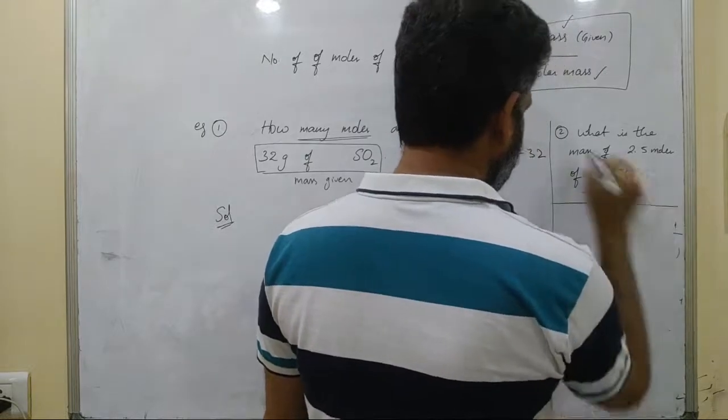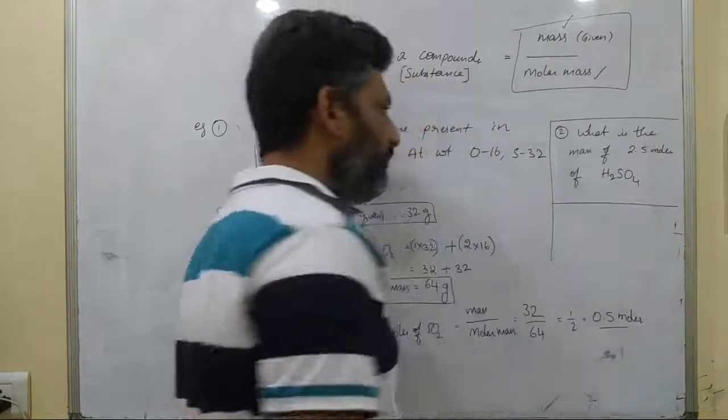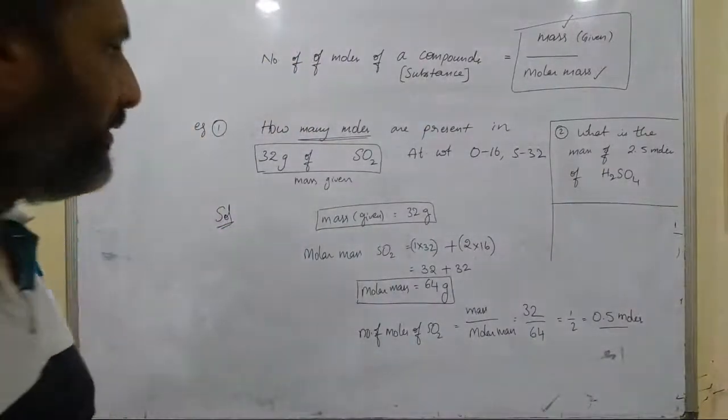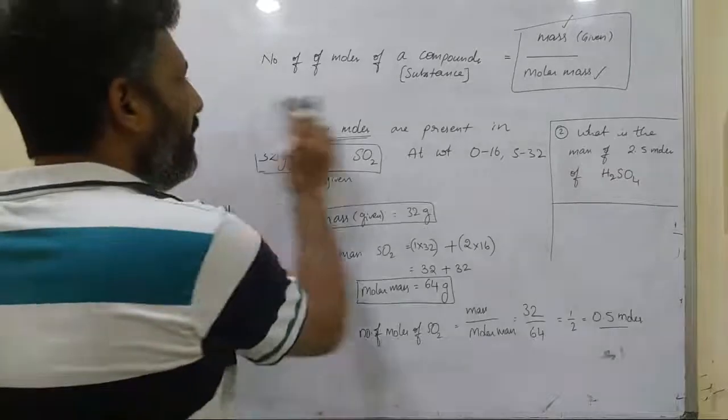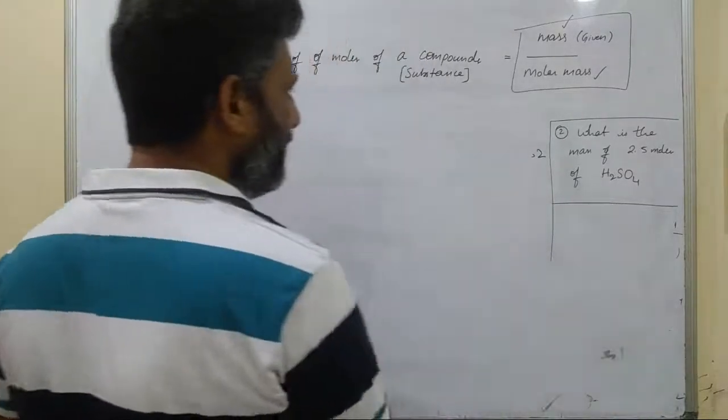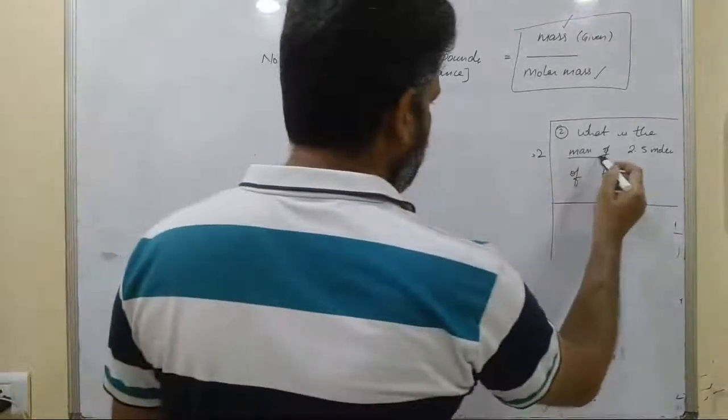So this is for your practice. What is the mass of 2.5 moles of sulfuric acid? So this is how we find number of moles, and if number of moles is there, we can find the mass of the given substance.